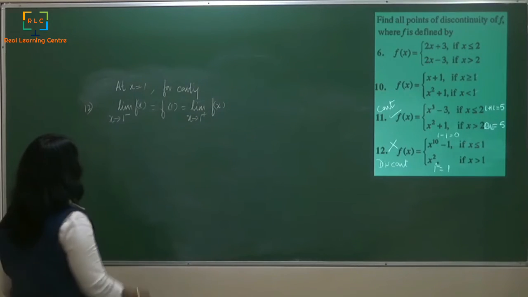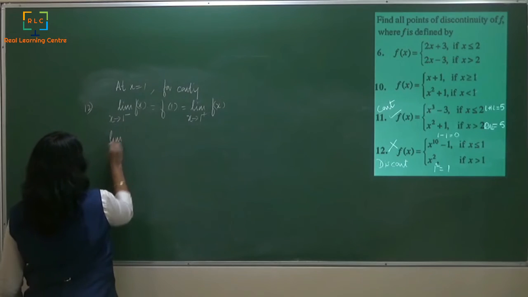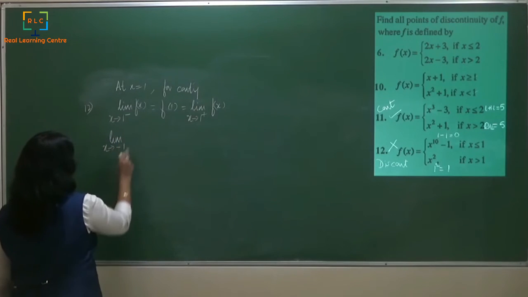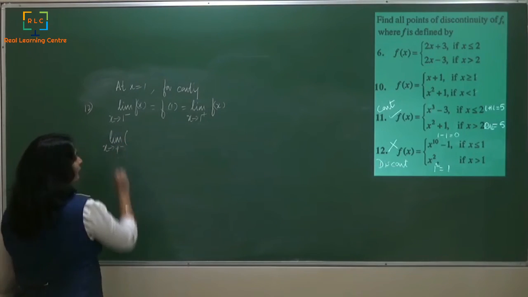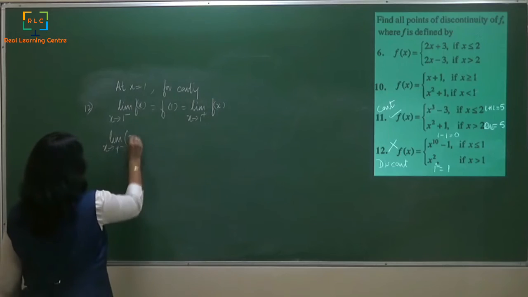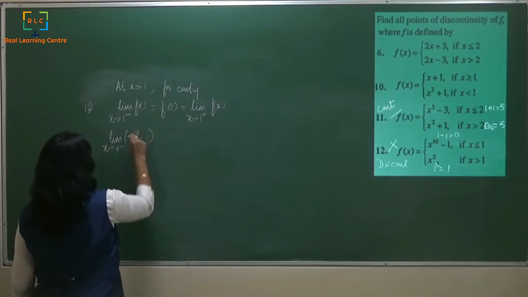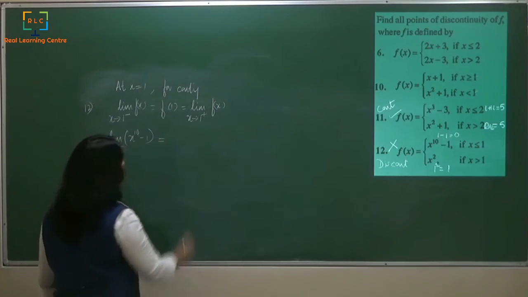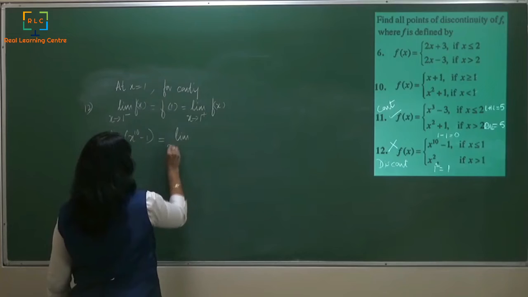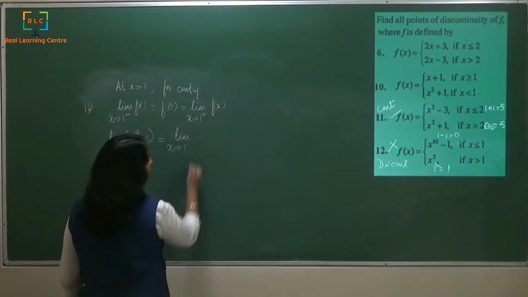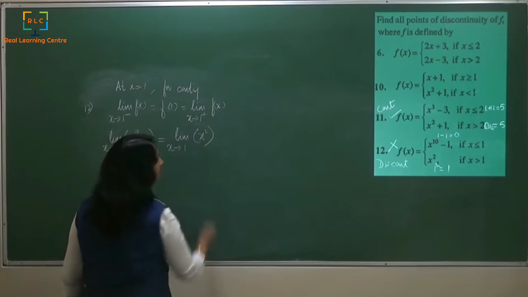For 1 minus, I have to take x power 10 minus 1, is equal to limit as x tends to 1 of x square.